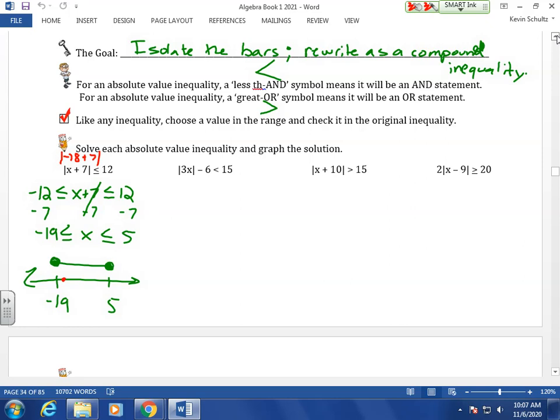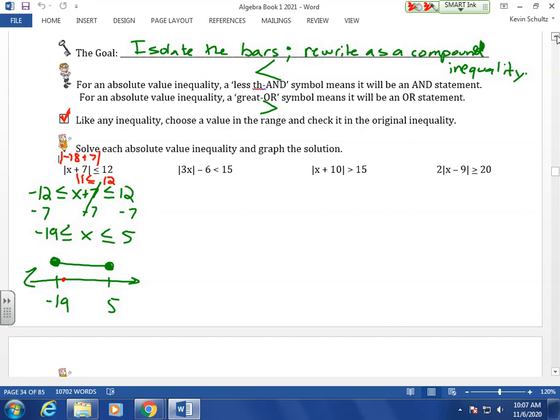Negative 11, right? How far is negative 11 from 0? 11. Is 11 less than or equal to 12? Yes. Okay? That's how it all fits together here, right? Any number within this range, when we add 7 to it, will be a distance less than 12 from 0.